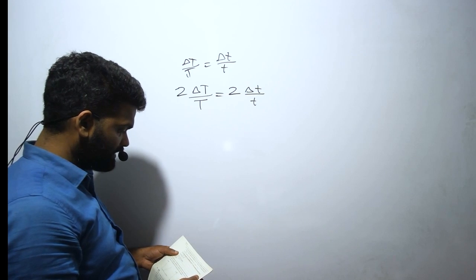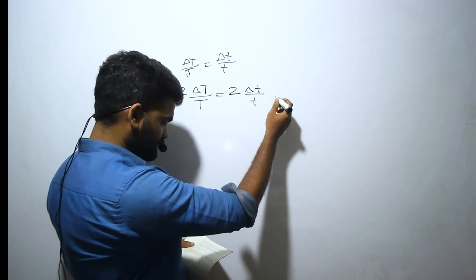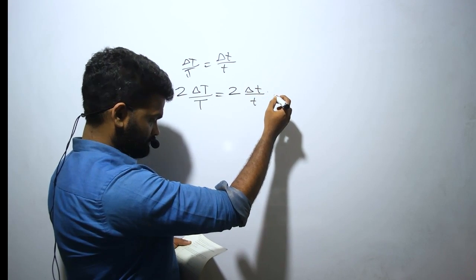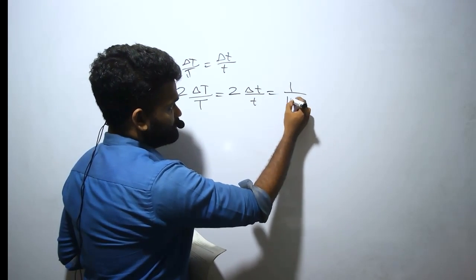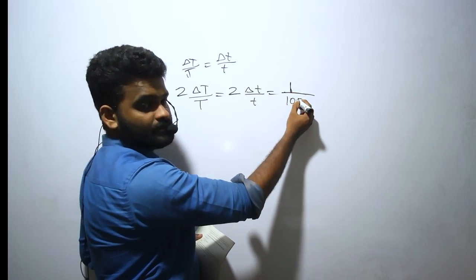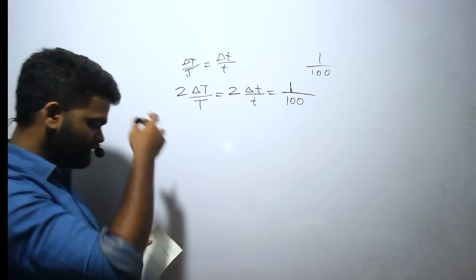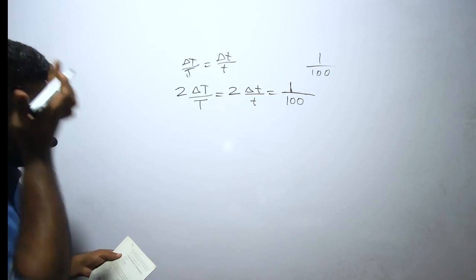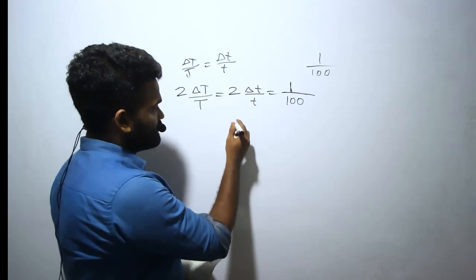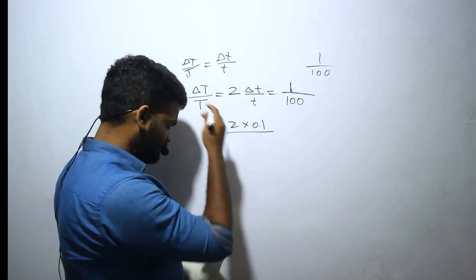What they ask is how many oscillations are required. The error is 1%, so this error has to be 1%. 1% means if you write it as a fraction, it is 1 over 100. The error in the measurement, that is the least count, is given as 0.1 divided by the time.